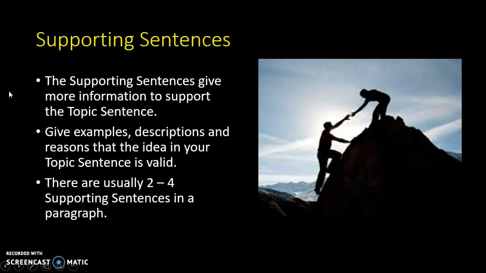After the topic sentence, you have the supporting sentences. Supporting sentences give more information to support the topic sentence. For example, you might give examples, descriptions, or reasons that the idea in your topic sentence is valid. There's usually 2 to 4 supporting sentences in a paragraph.